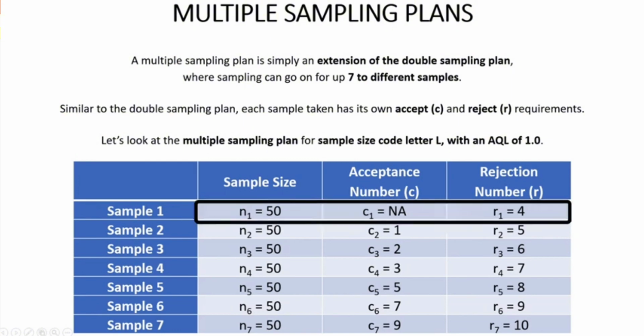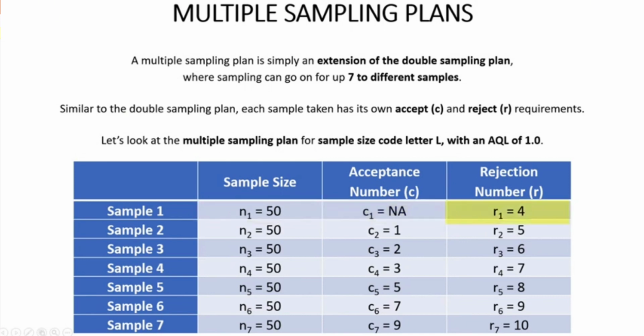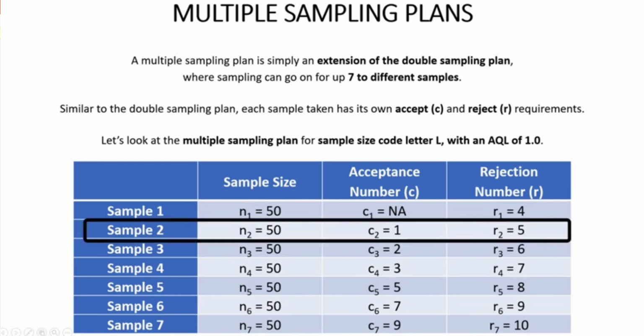In this first sample, the accept number is actually NA, meaning we can't accept the batch on this first sample. What we can do is reject the batch on that first sample. If the quality of that batch is so bad that we have 4 defects within 50 pieces, we can immediately reject the entire batch just on that first sample. Now it's in this second sample of 50 pieces where we could actually accept the batch if cumulatively between the first sample and the second sample, we had 1 or fewer defects.